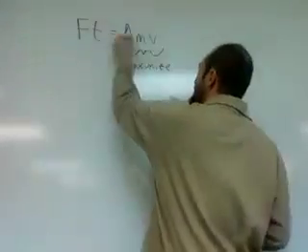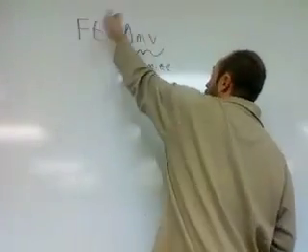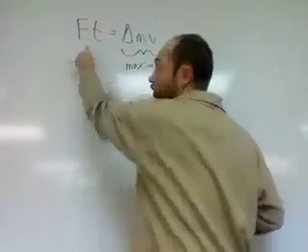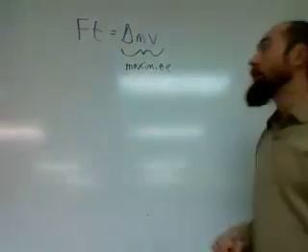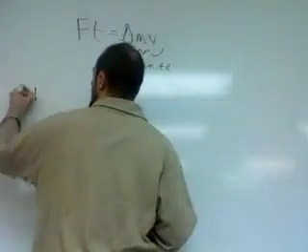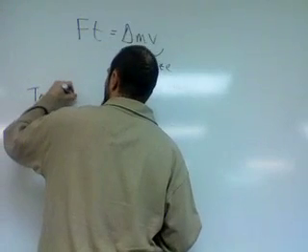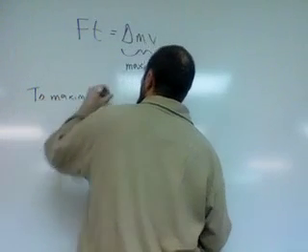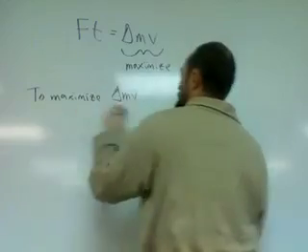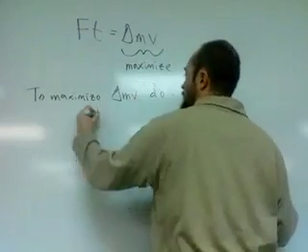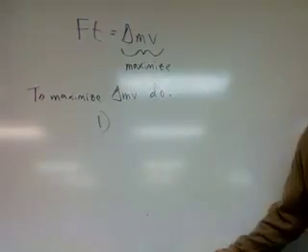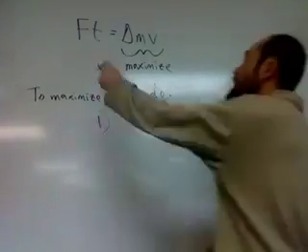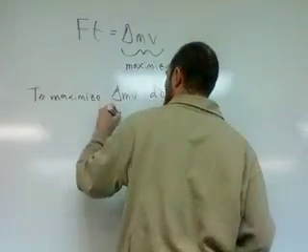So if I want to make this side as big a number as possible, what can I do over here? To maximize the change in mv, I can do one of two things. You could make this force big.